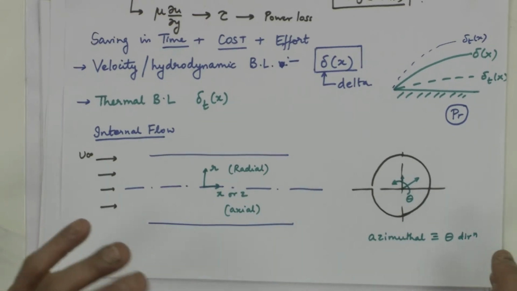Now, the cause for formation of a boundary layer is the presence of a solid surface which has a velocity different from the fluid velocity, correct. Now, here the fluid is entering a geometry which is like this.